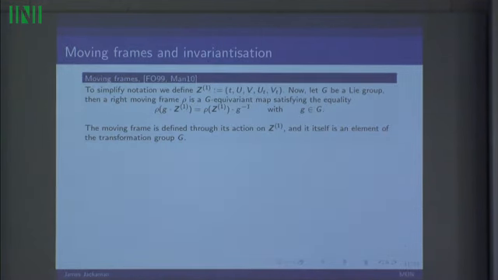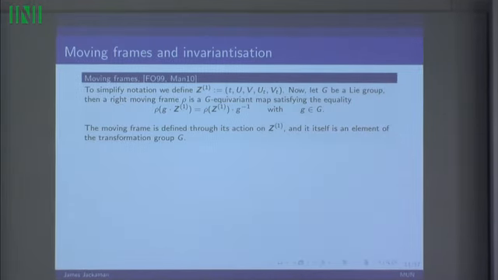So back to how we're going to solve this problem of designing an invariant finite element method. We're going to use moving frames, which can be read about in Fels and Olver's paper or in Liz's book, and she described quite nicely in her talk on Tuesday.